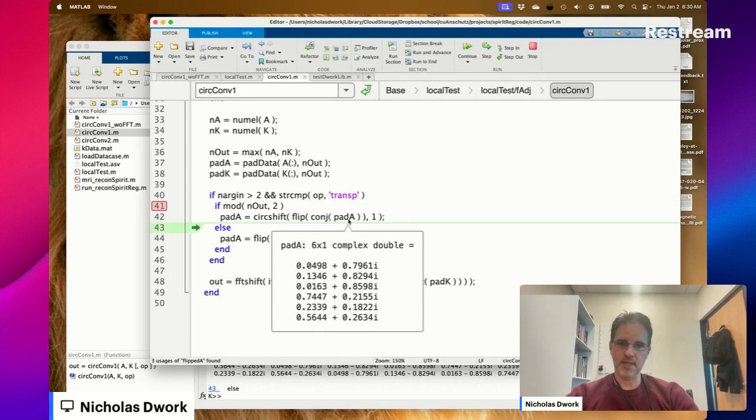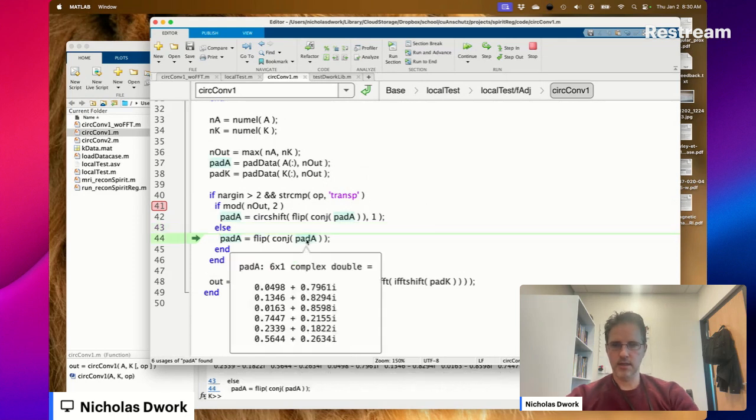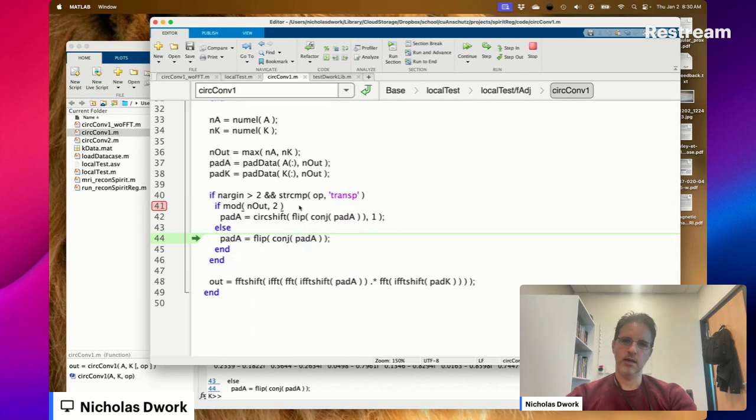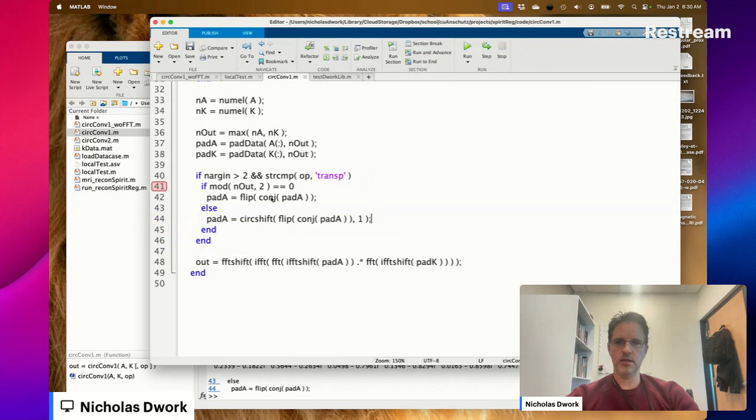A has 6 elements in it. It's even. There's a problem. The test was wrong to determine when to do the circular shift.